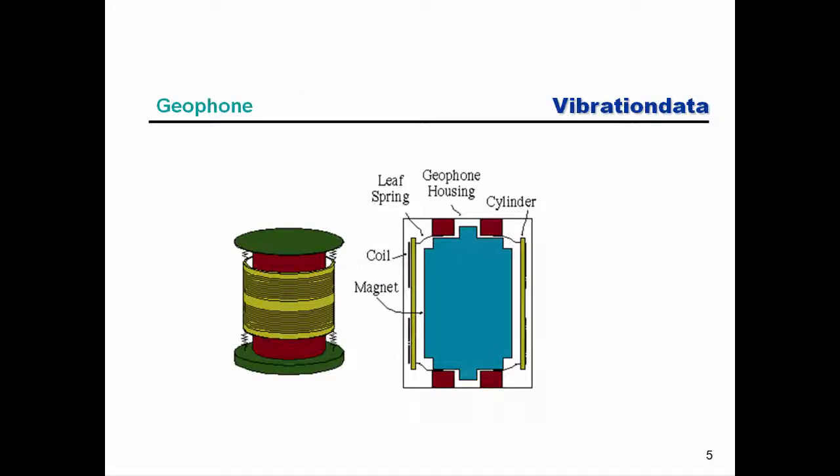And here's a geophone. The diagram shows that there's a magnet at the core, then there's an outer coil and a leaf spring, and then you can see the cylindrical housing there. So the idea is that this might be, for example, mounted in the ground or on a floor, and there would be relative motion between the coil and the magnet.